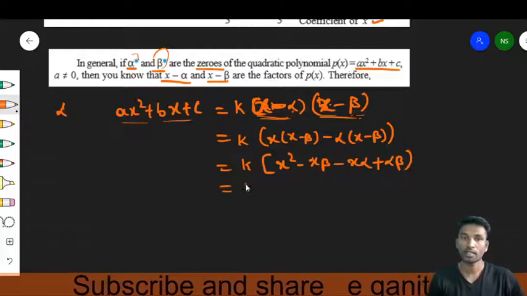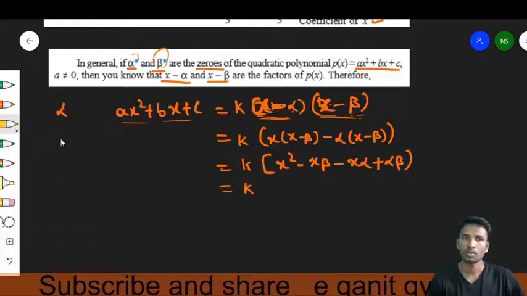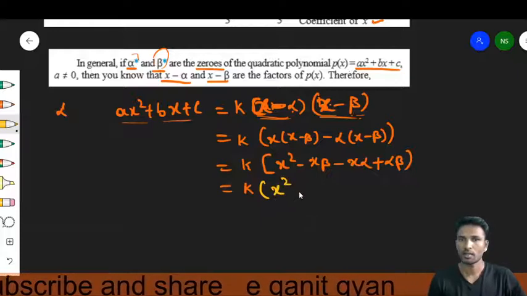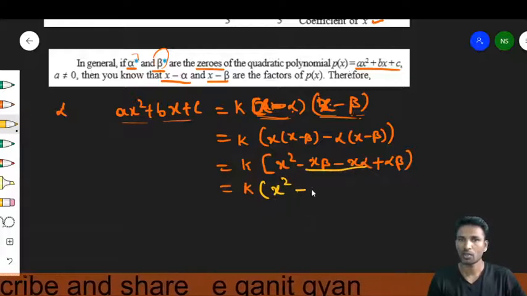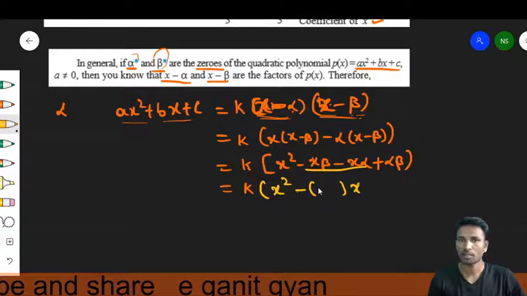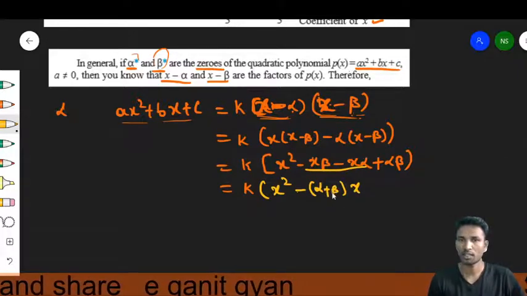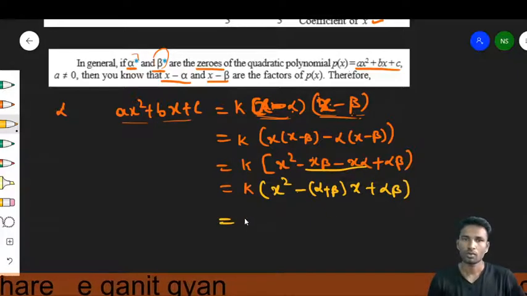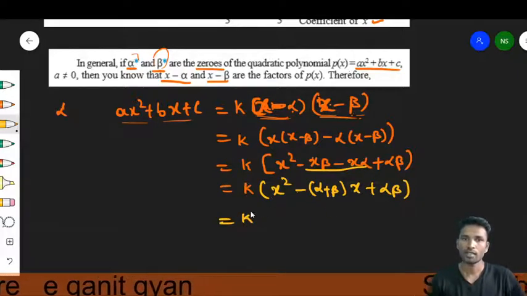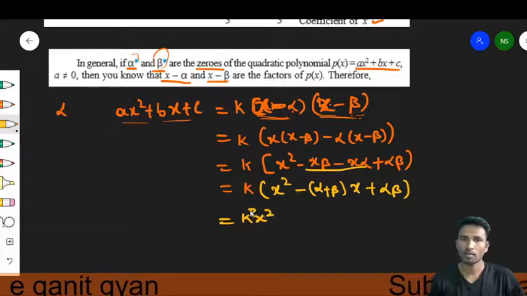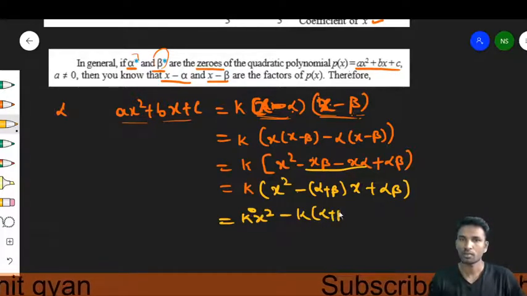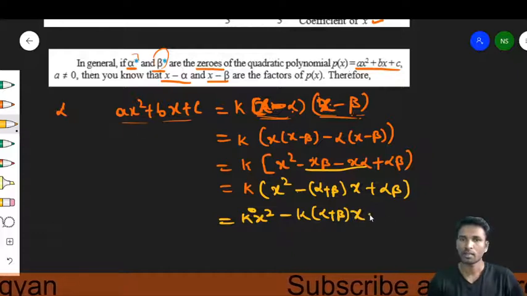Now I can rewrite it as k into x square minus alpha plus beta into x plus alpha beta. If I send this k inside, I get kx square minus k into alpha plus beta into x plus k alpha beta.